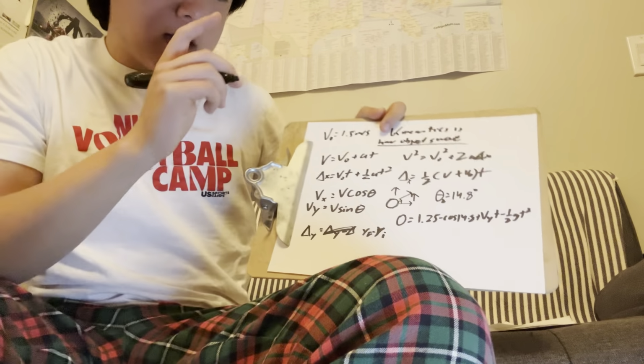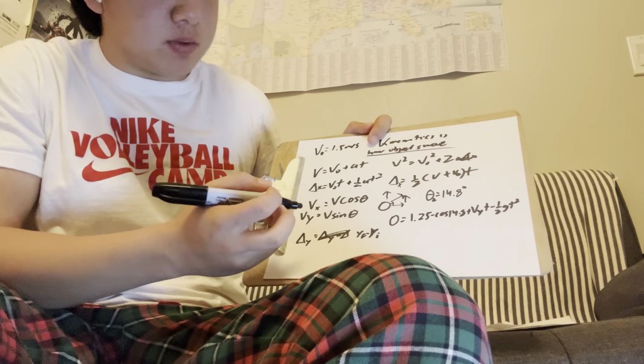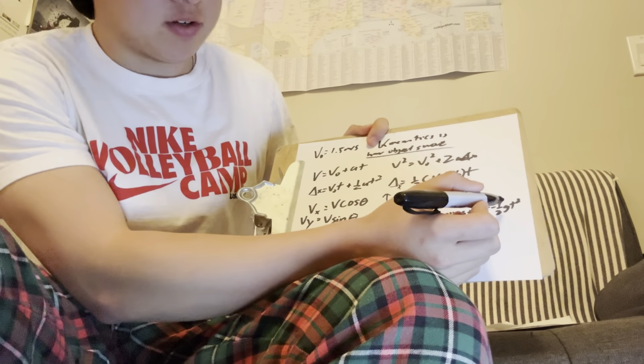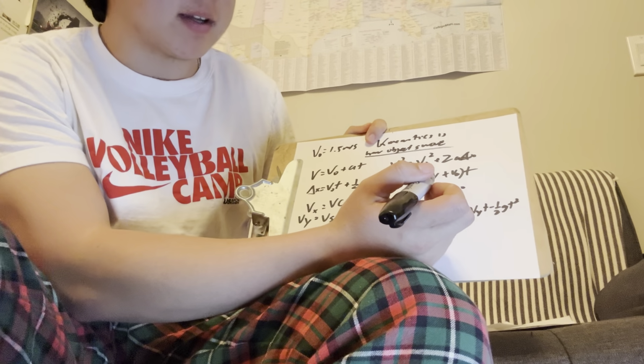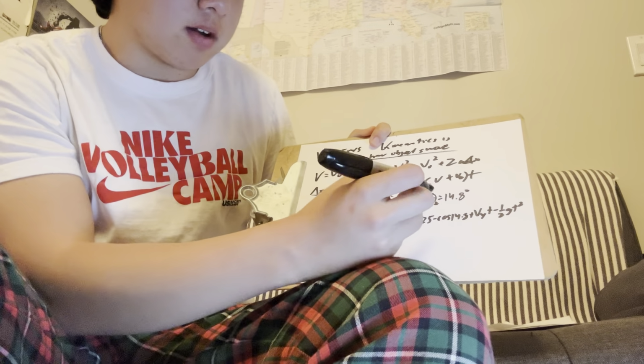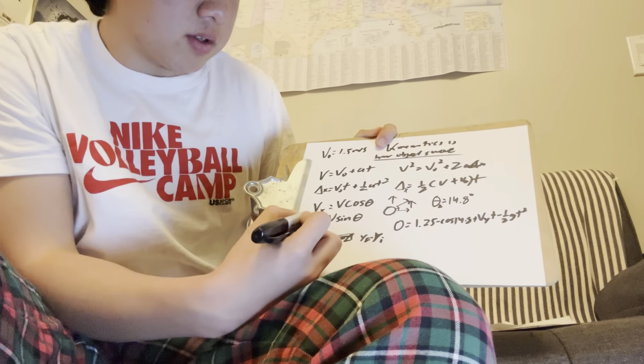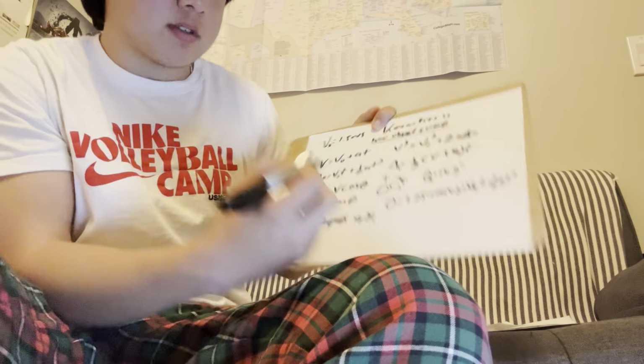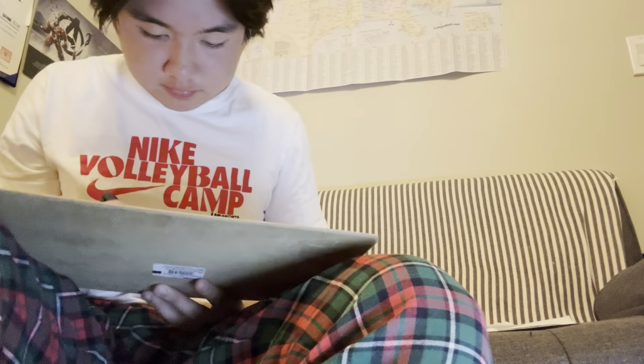Boom. Now we can substitute in a few things. We know that g, acceleration due to gravity, is equal to 9.8 meters per second squared. And we know that our velocity in the y is equal to initial velocity times sine theta. Let's do that real quick.